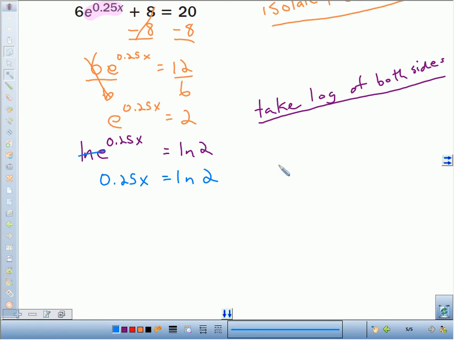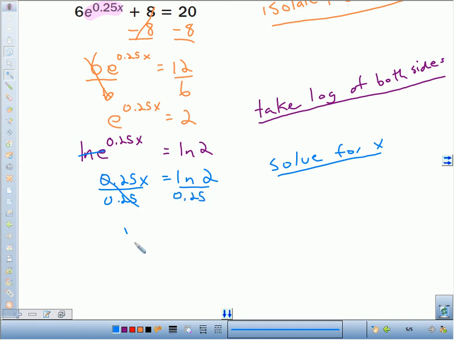All right, which leads us to the last step that we need to do, which is to solve for x. So we have a three-step process here. We isolate the exponential, we take the logarithm of both sides, and then we solve for x. And solving for x involves mostly just dividing by 0.25.